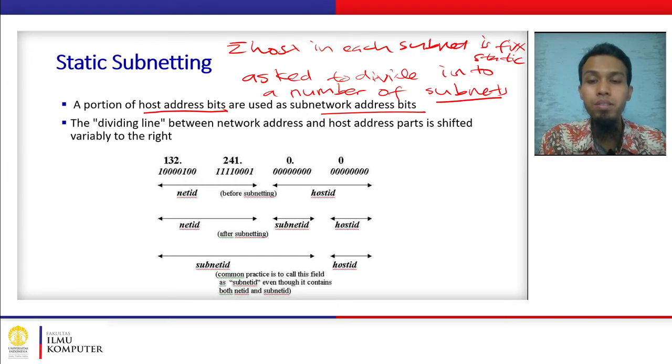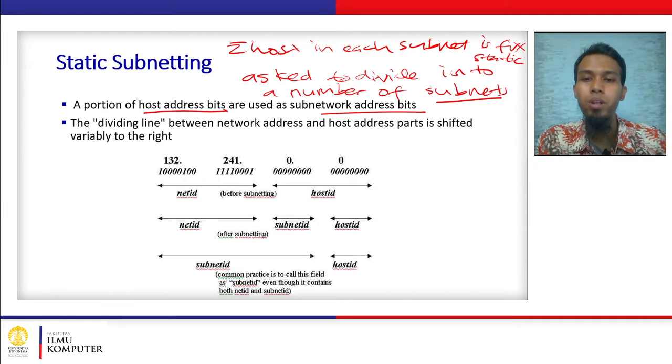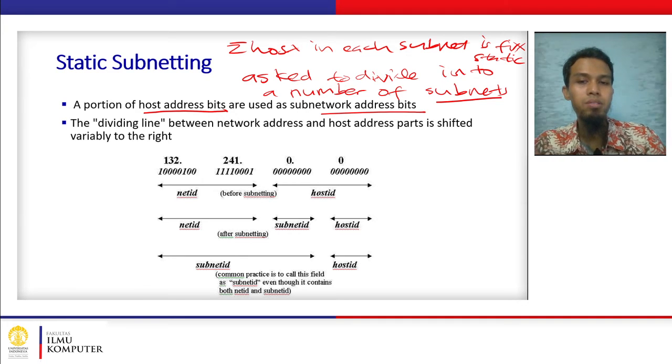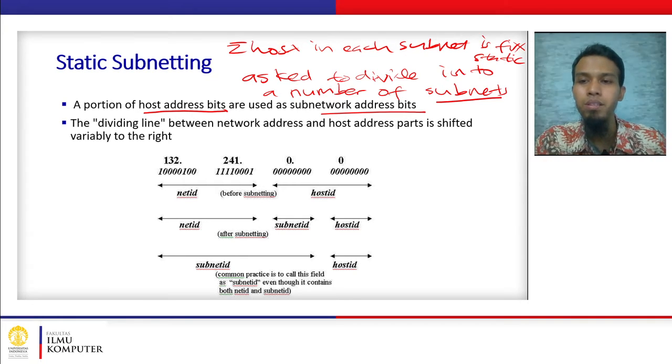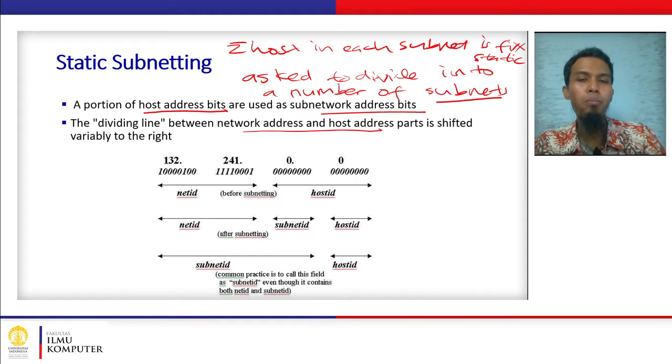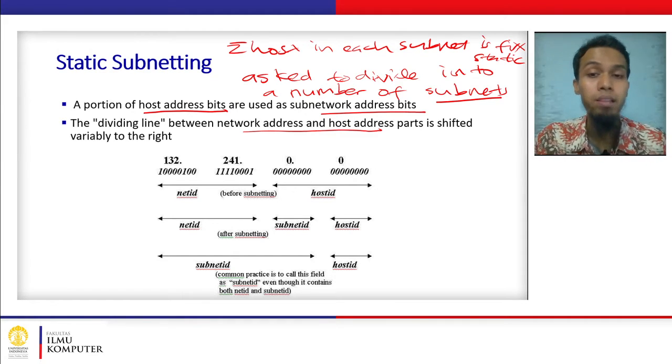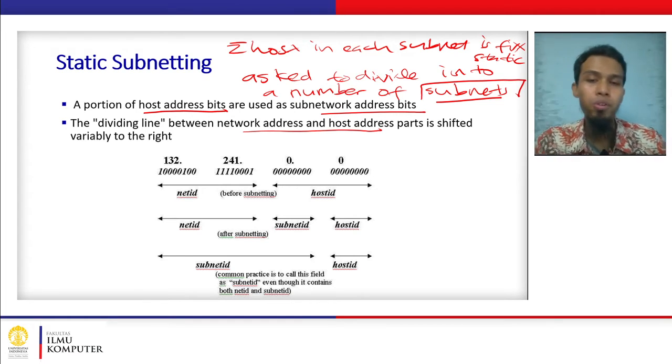Like in this example, before, we have 16 bits for the host ID, then we take some of the host bits as the subnet. That's why the dividing line between the network and host address parts shifts to the right. It depends on how many subnets we want to create. This is the keyword: how many subnets we want to create.